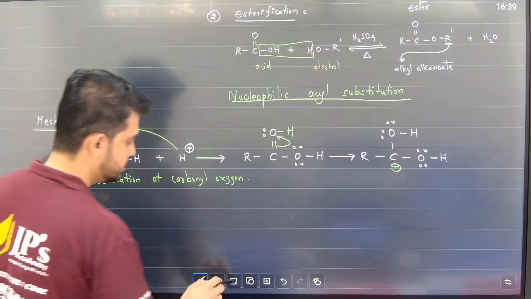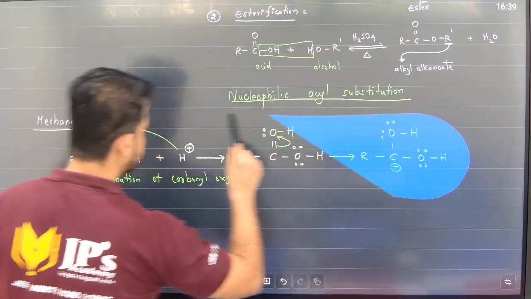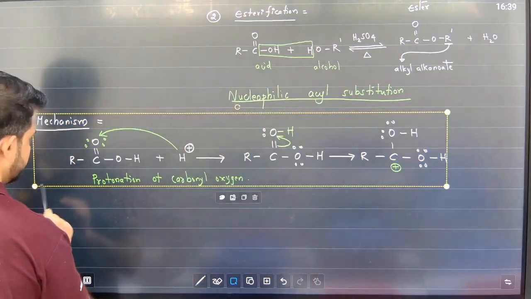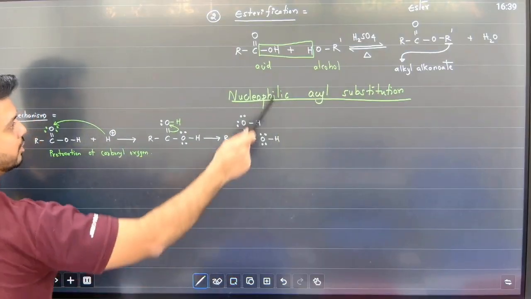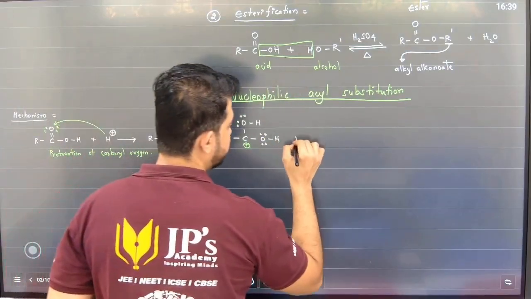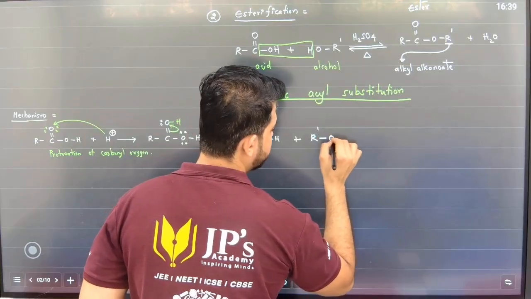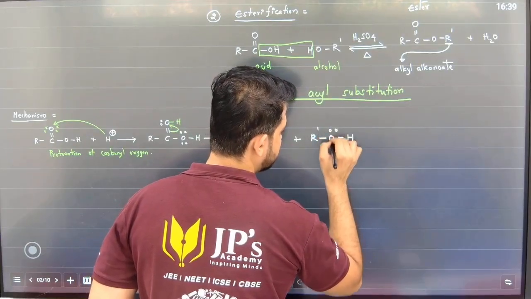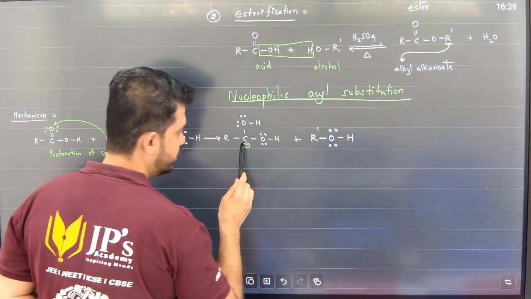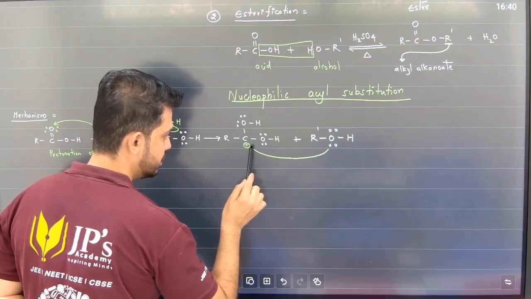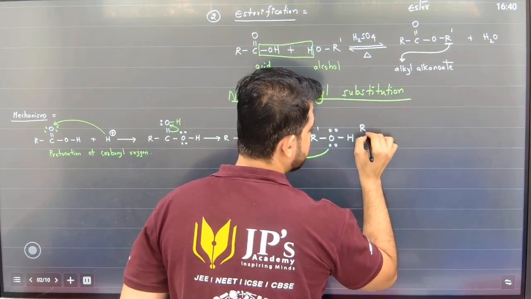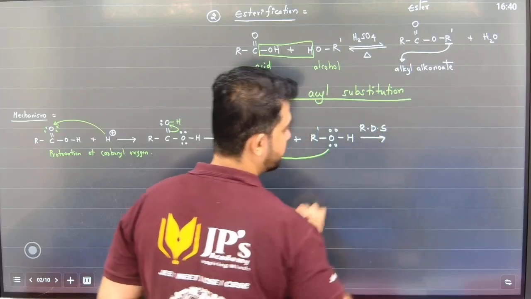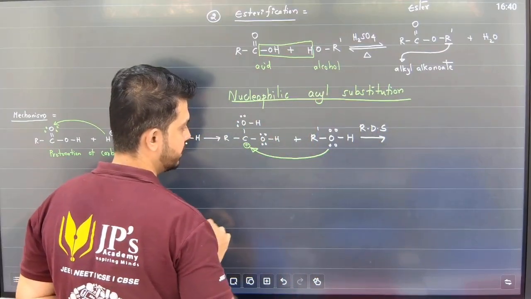Now comes the second very important step in the reaction, where the alcohol comes into picture. So ये है आपका alcohol. ये carbonyl carbon पे we see a positive charge. This is your rate determining step, और आपका slow step कहते हैं इसे.